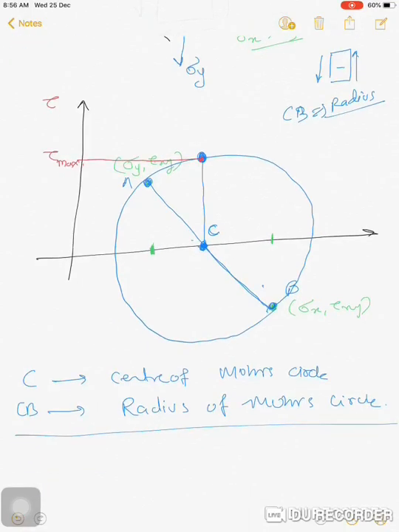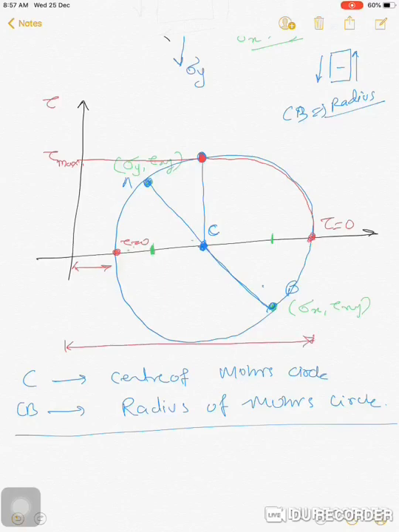Now this value is tau max, and as we go here shear goes on decreasing, and here tau is equal to 0. Similarly here tau is equal to 0, but there is some value of the normal stress.